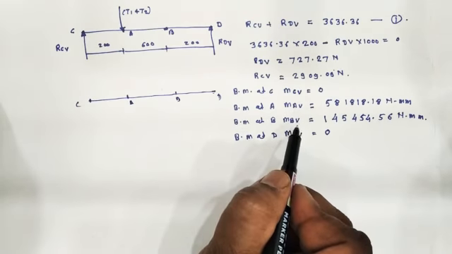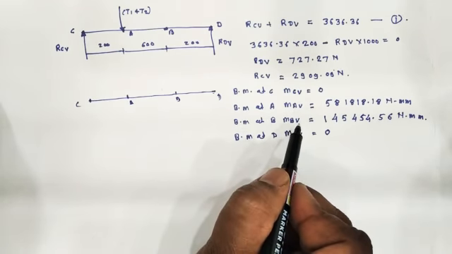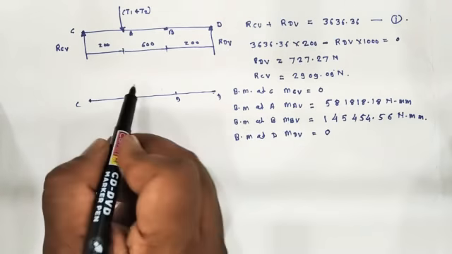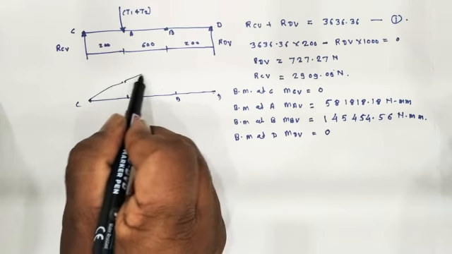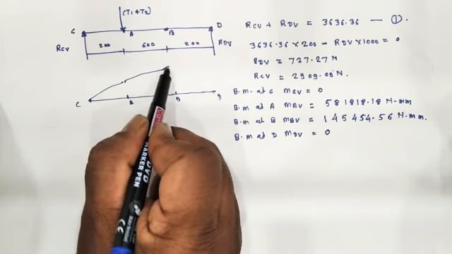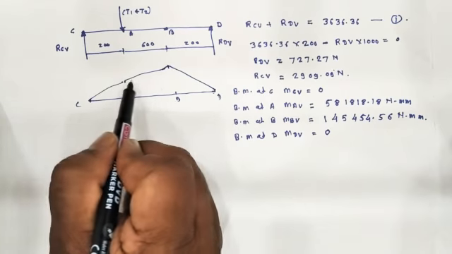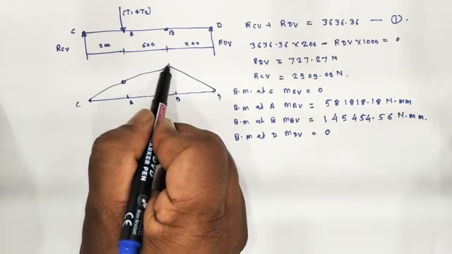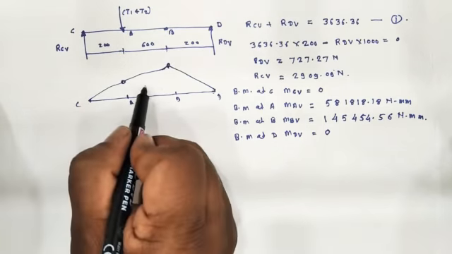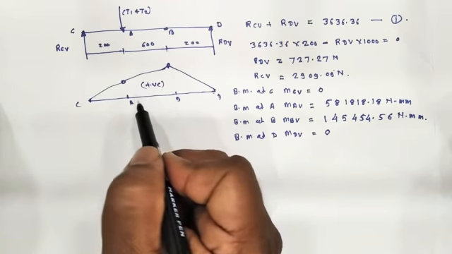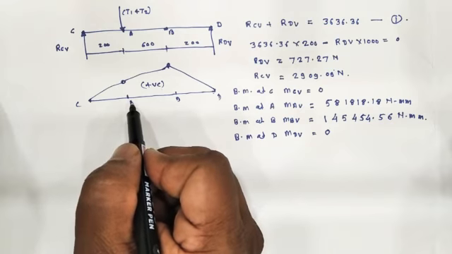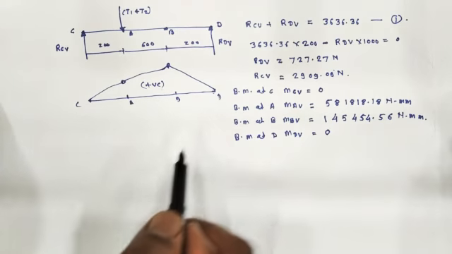Both the bending moments calculated are positive, so we draw the bending moment with respect to the magnitude at locations A and B. Again this is the positive bending moment diagram. So this is the bending moment diagram in the vertical plane.